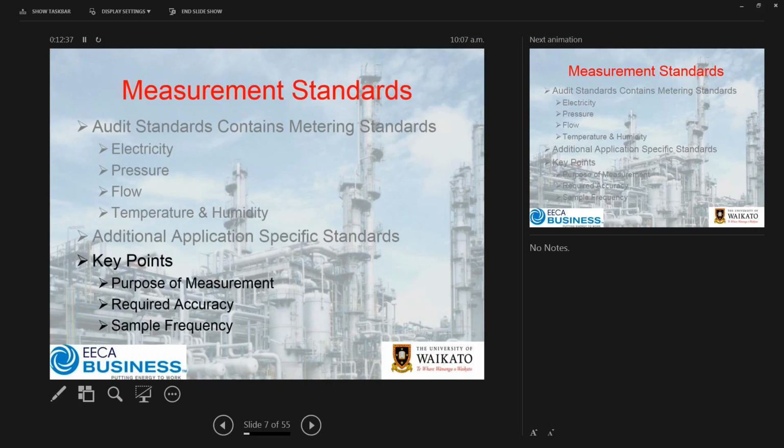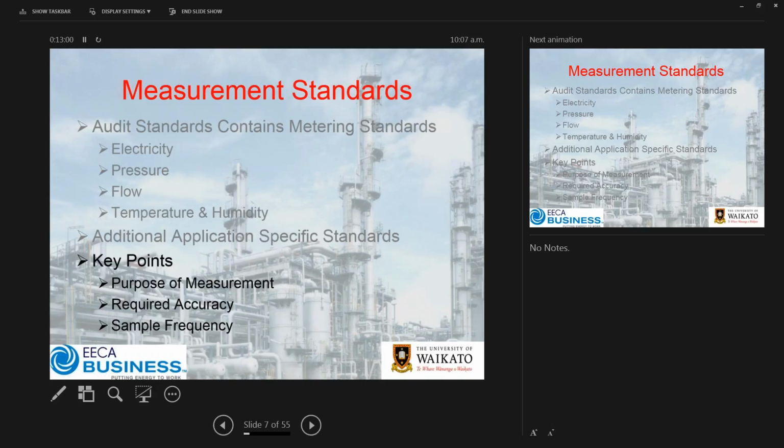But the key points to take home here are, of course, that you need to think about what is the purpose of my measurement, what sort of accuracy do I require, and what sort of sample frequency do I need to ensure that I capture relevant data without inundating myself with a whole heap of plant noise.